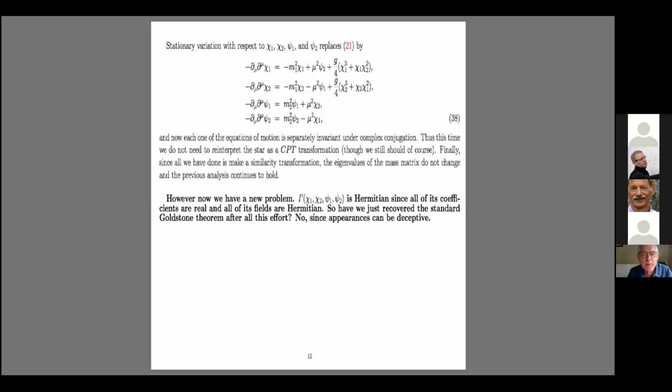And yet, when we explore the theory and we determine the solutions, we find that we're definitely not necessarily in a Hermitian situation, and yet the Hamiltonian looks Hermitian. Therefore, hermiticity cannot be determined by inspection.